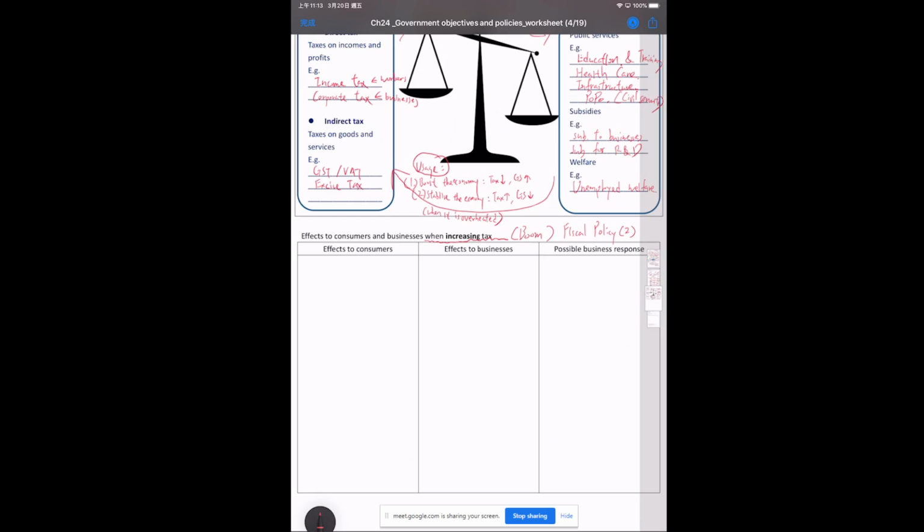So very quickly, what do you think if we as a government increase taxes? What will be the effects to the consumers when we increase the amount of tax that you have to pay?